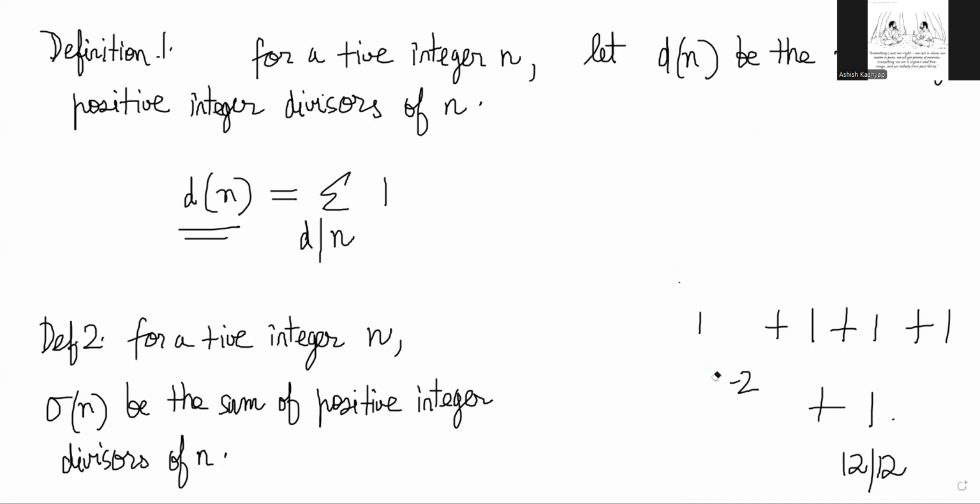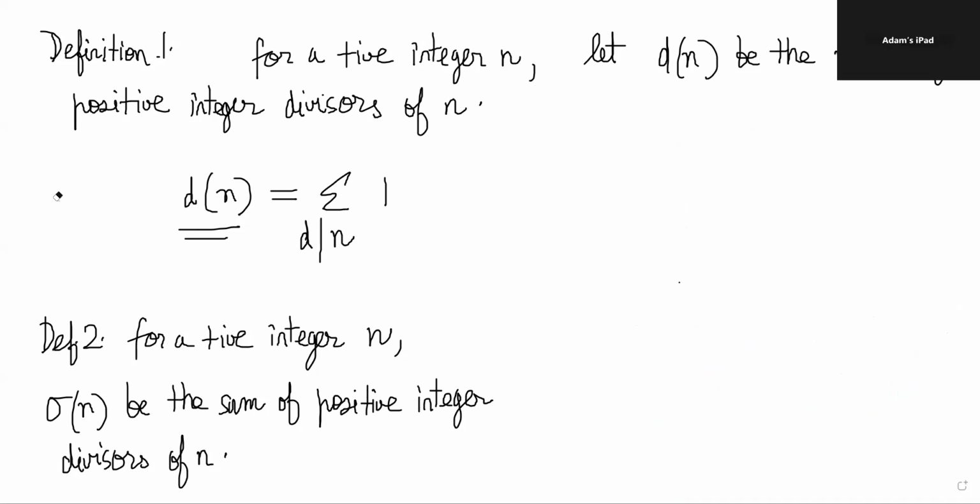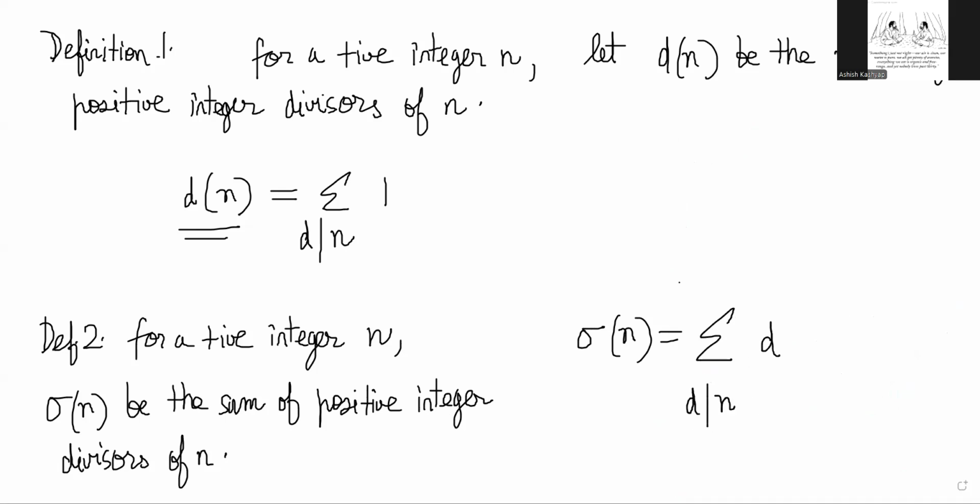Now how should I represent this in an analytical form? Just like here, I wrote d of n, how should I write sigma of n? The sum of d, whenever d divides n. So this will give us the sum of all the divisors, right?